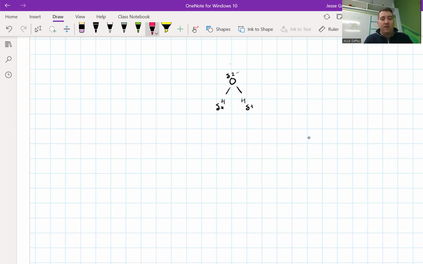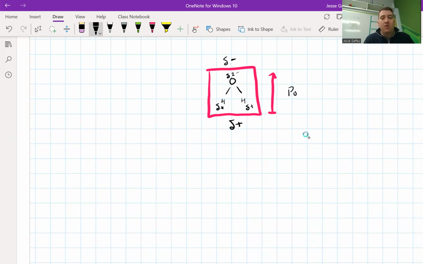Now, because of the shape of the molecule, we have two clear opposite ends, or we say we have a dipole. And that just means that the electrons from the bonds are kind of at one end of the molecule here. So we say that this is the delta negative end of the molecule, and this is the delta positive end of the molecule. We say that the molecule is polar.